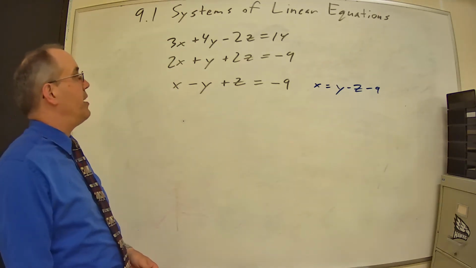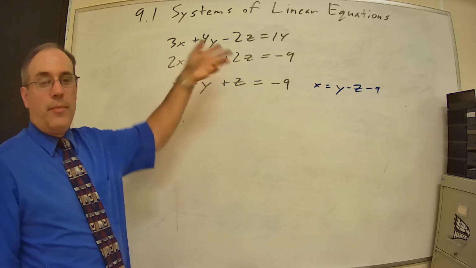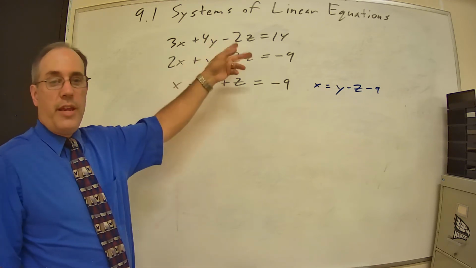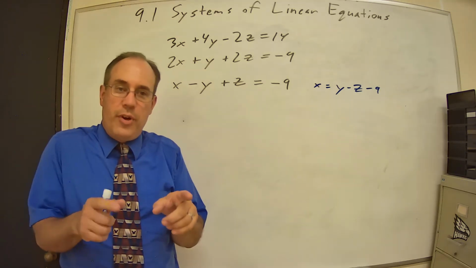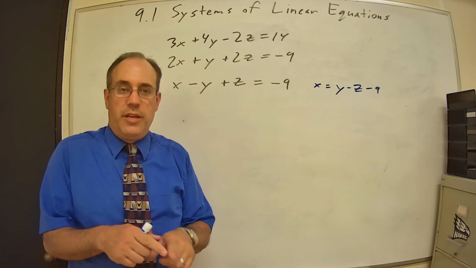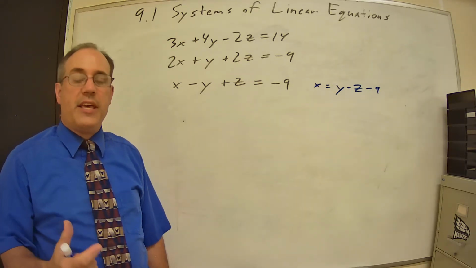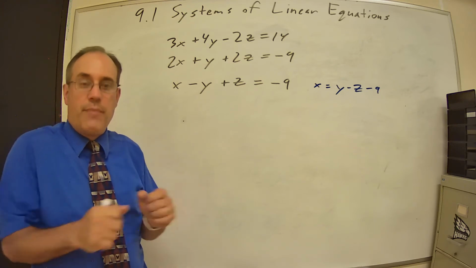The other method is I can choose any two of these equations and use them to eliminate a variable. I can then choose any other combination of two equations and eliminate the same variable, taking me down to two new equations with two of the same variables.